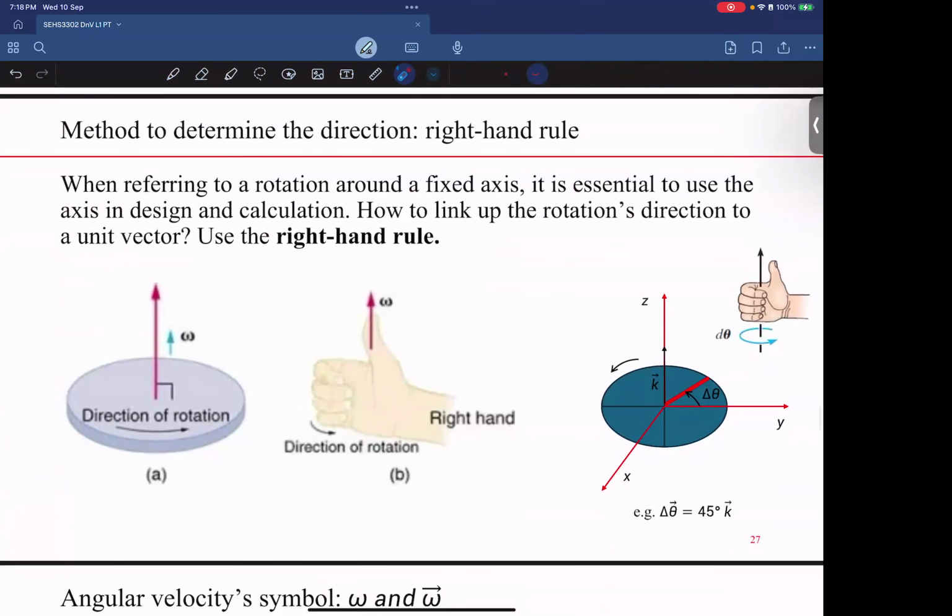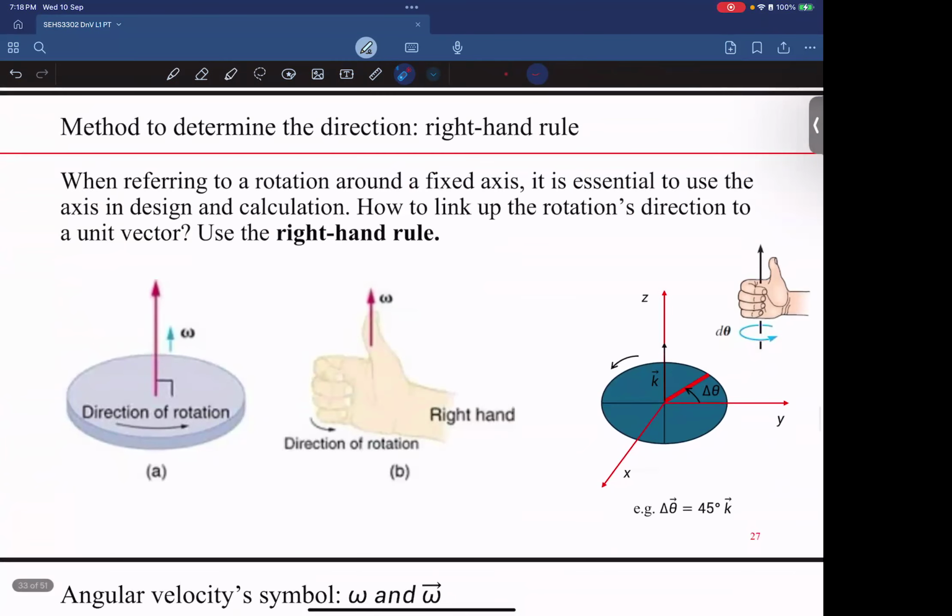Here is a way. We know when anything rotates, there must be an axis of rotation. As long as it rotates, there must be an axis. So every axis is a segment. You can take it as a segment, and that segment can point two directions. For example, for this plate, the axis is here, and it can point up.